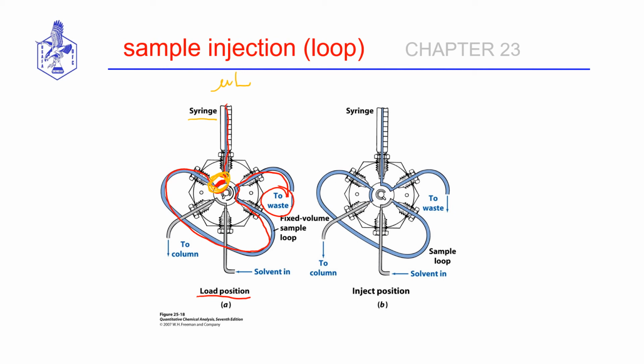So then I position the loop into the inject position. So now I get mobile phase solvent flowing in. It comes through here and carries my little plug of sample that I loaded into the loop right there onto the head of the column.